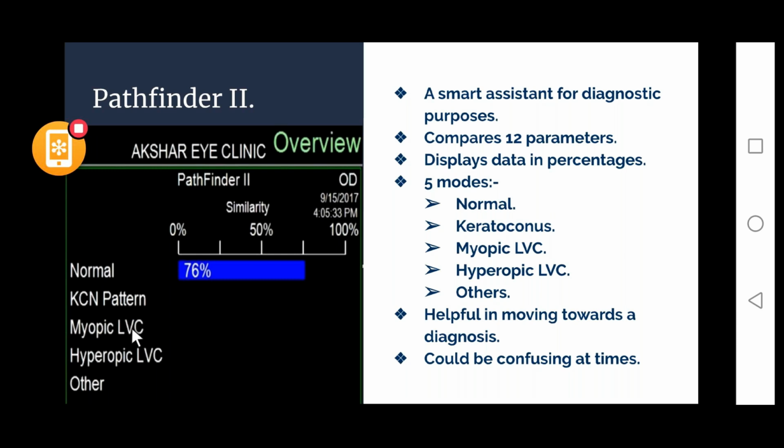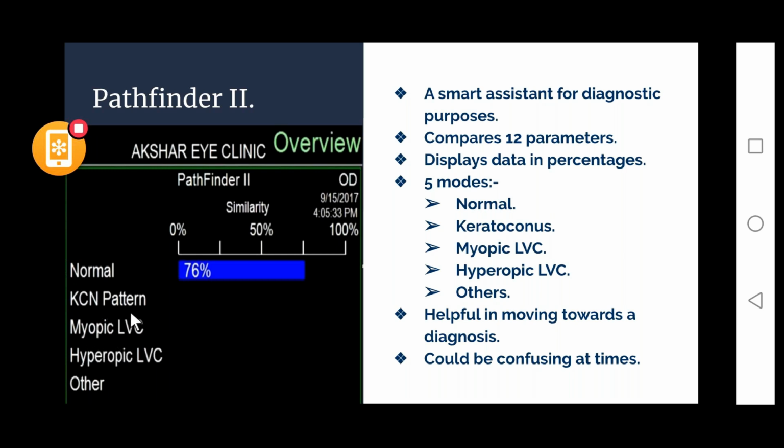Myopic LVC means the patients who have undergone laser vision correction, or the LASIK or PRK, and who had preoperatively myopia, and they have got data of hyperopic LVC as well. Those who had hyperopia and they got rid of it by LASIK and so on. And the last is the other. Other means the patients which are not classified in the above mentioned modes.